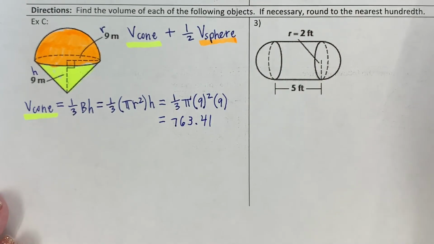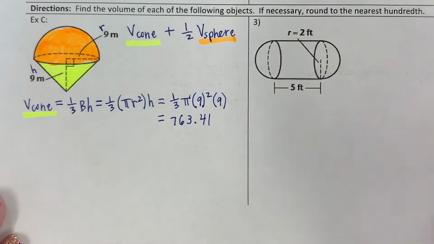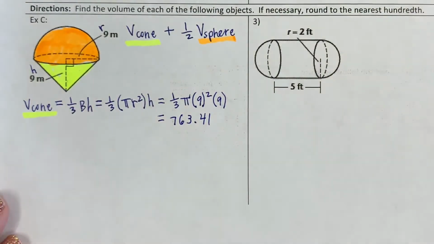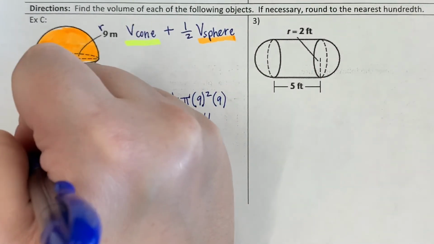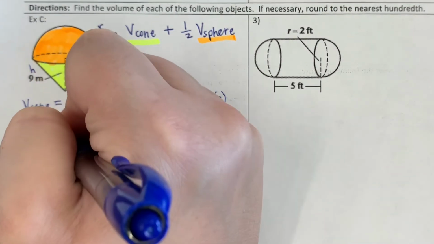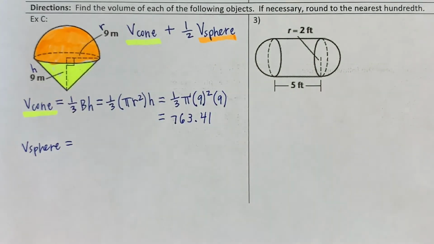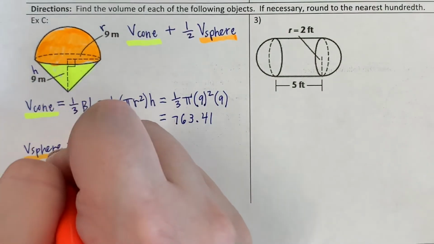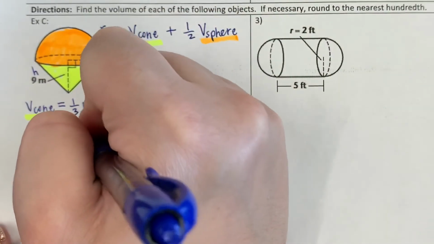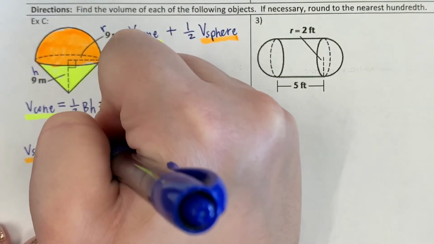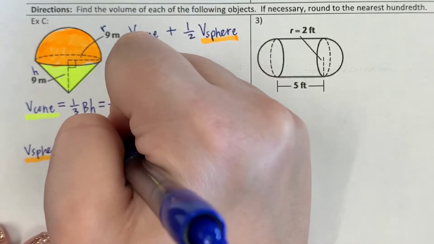Then I need to do volume of the sphere. So that's like the ice cream scoop, the half up there. So we'll just do volume of a whole sphere since that's what we just learned formulas for. So for volume of a sphere, our formula that we learned is 4/3 times pi times my radius cubed.